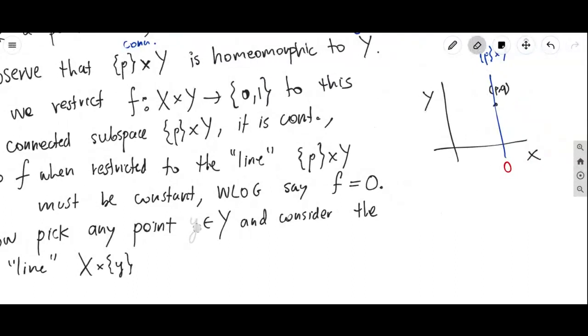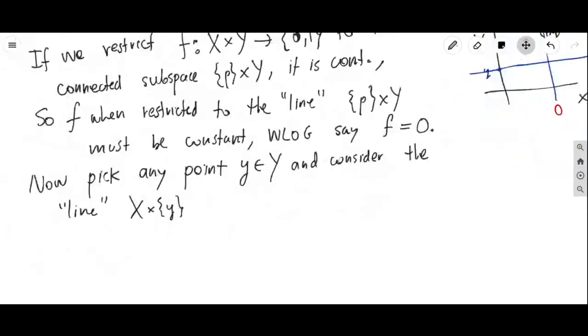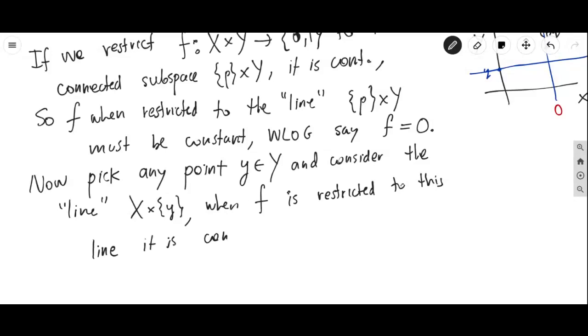You're going to pick some y over here, and you're going to form this line again. Great. So when f is restricted to this line, it is constant. So it's either equal to 0 or 1.